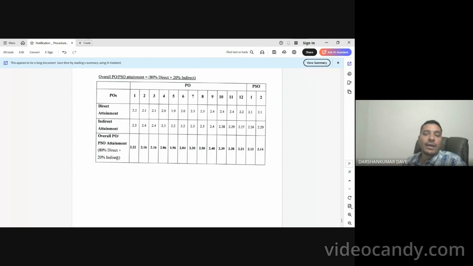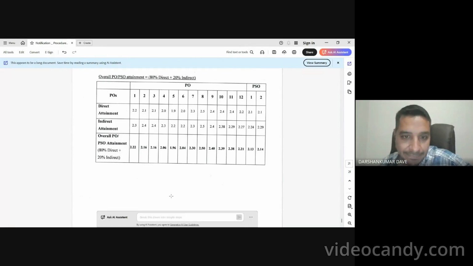For example, if you are talking about BCom, which is a program of 4 years, you have to prepare it for a 4-year cycle. After every 4 years, you will revise. That means once a batch has passed, you can give the first one, next year the second one, next year the third one, but it depends on the data of 4 consecutive years for a common batch. That is how it is decided. And that's it from my side.